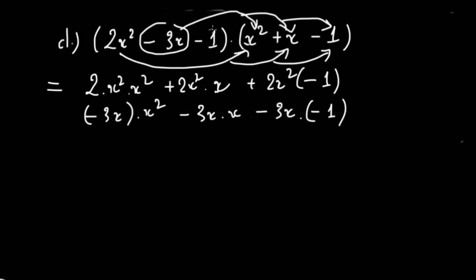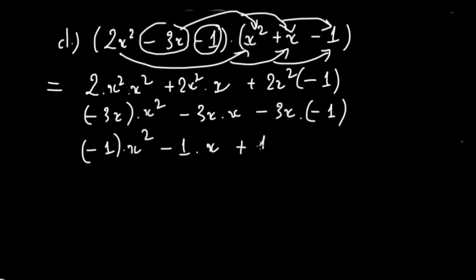Next, we take the last term of the first expression and multiply it to each term of the next expression. So negative 1 times x squared, and negative 1 times x, and negative 1 right here times negative 1.